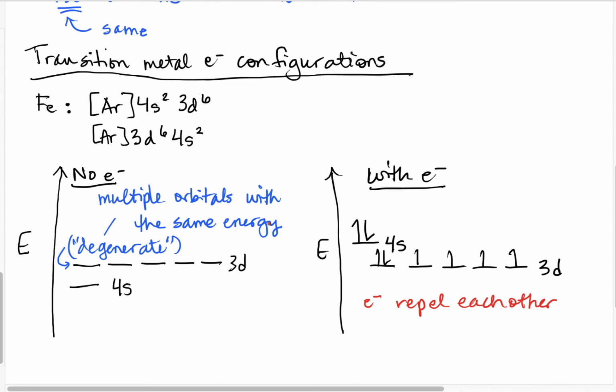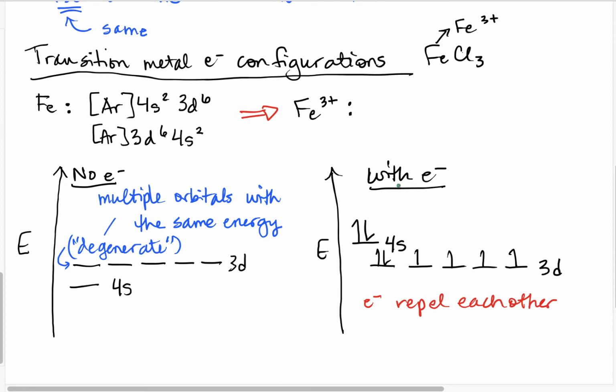All right, so what this means is that when we take electrons away to make, for example, FeCl3, we know that this will be an iron 3 plus cation. So if we're going to make an iron 3 plus cation, we need to take away 3 electrons.